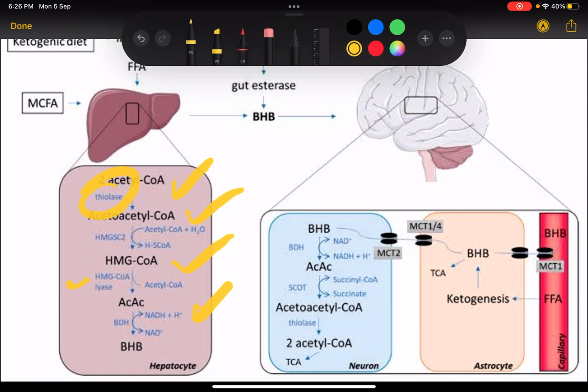Acetoacetate and beta hydroxybutyrate are formed, and that goes to the brain. And again, the same step occurs, and you have your NADH present. You have your acetoacetyl CoA, and you will make your two acetates.